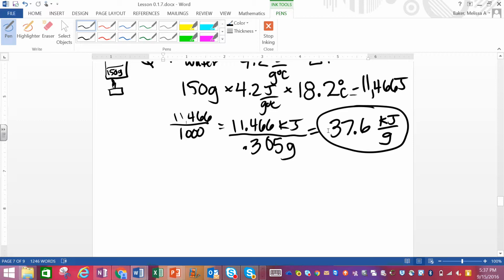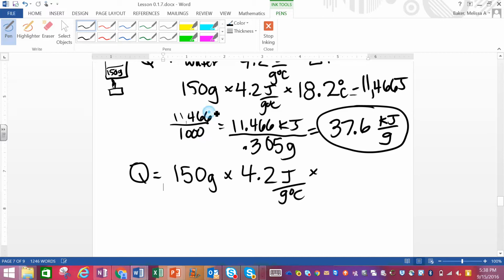All right, let's do the propane. So for propane, same thing. We're going to figure out the quantity of heat. So we need the mass of the water. It said it was always 150 grams times 4.2 joules per gram degrees Celsius times the change in temperature for this one, which was 27.26 degrees Celsius.